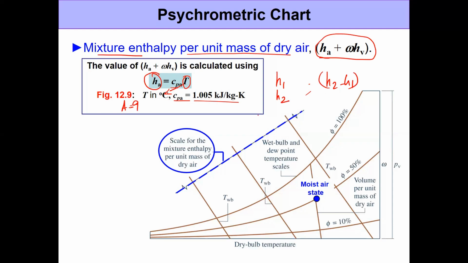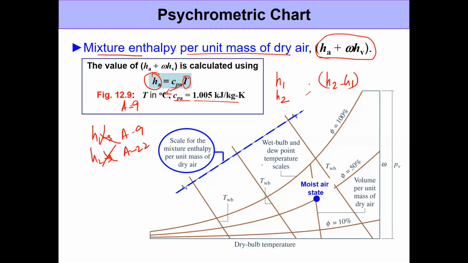So if you're going to make use of this chart for determining the enthalpy of the mixture, make use of the chart for both states. Do not get h1 from figure A9 and h2 from table A22. This will create a problem. Get both enthalpies either from figure A9 or from table A22 and the other table that you need for the water vapor. So that's the key point to remember.